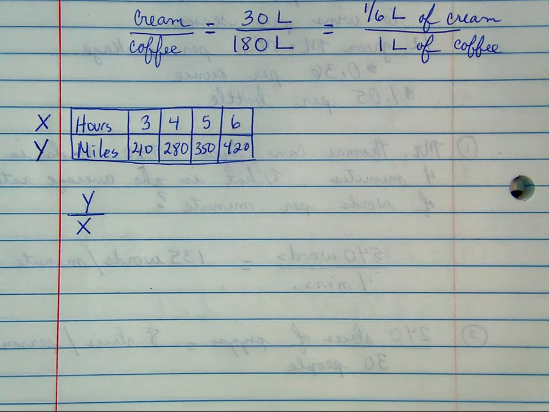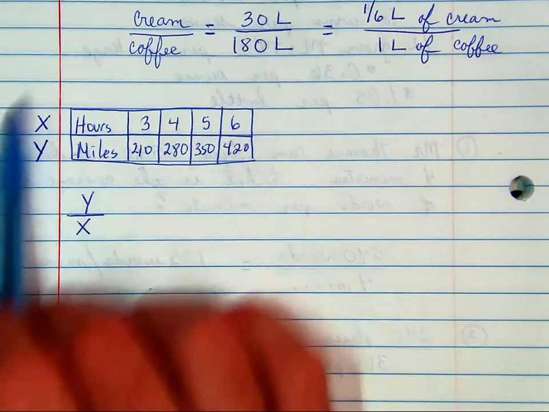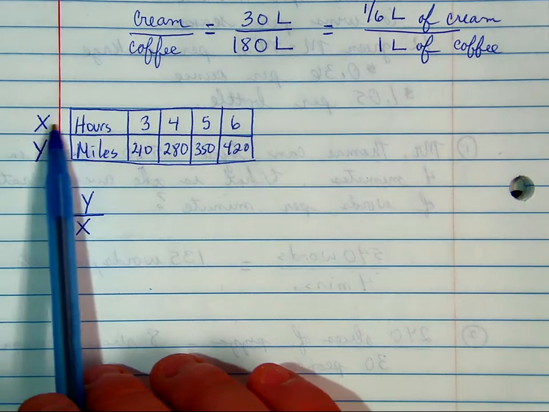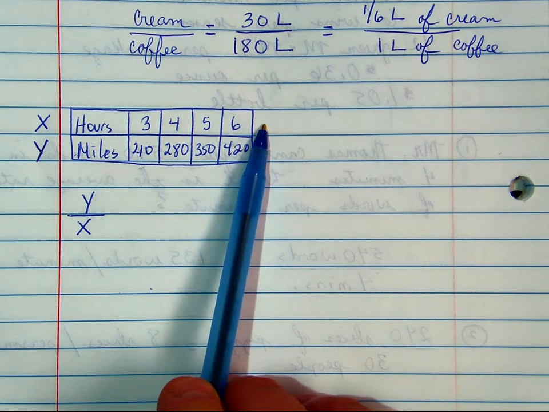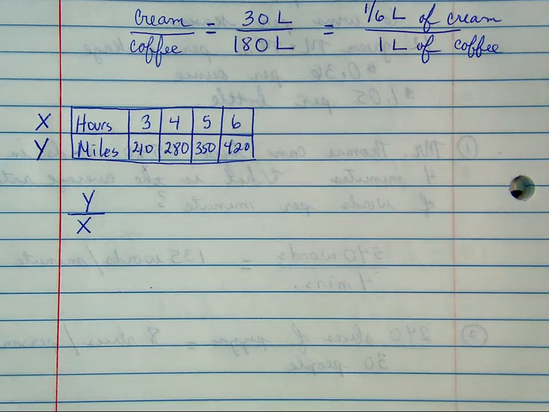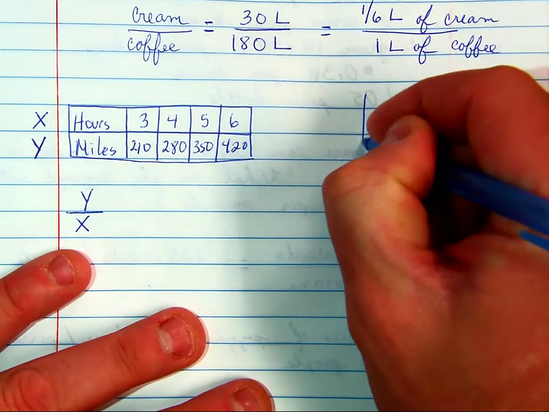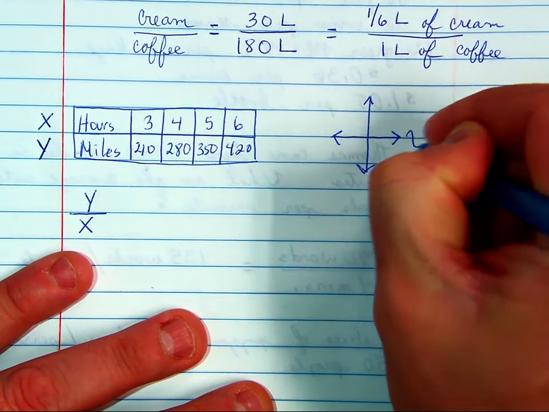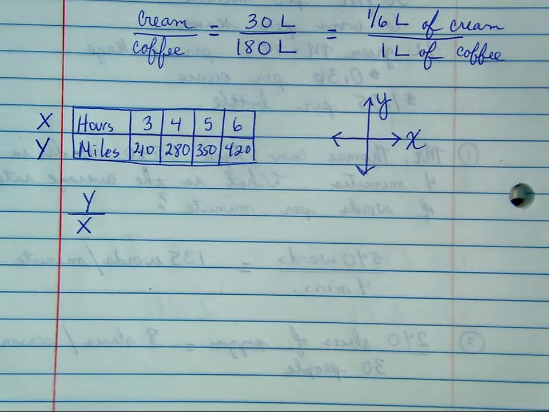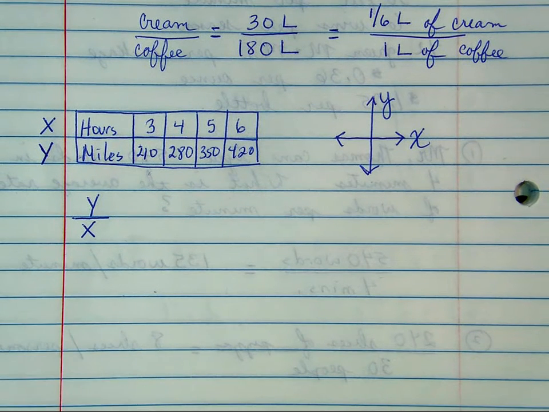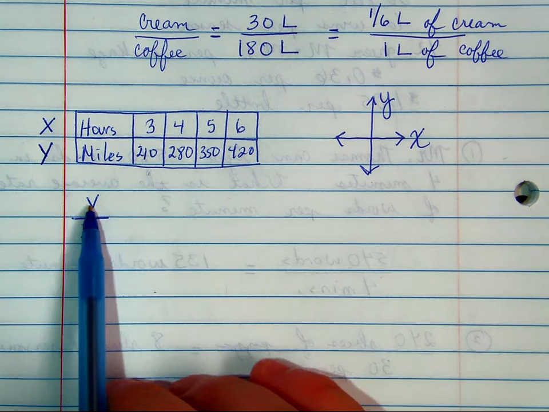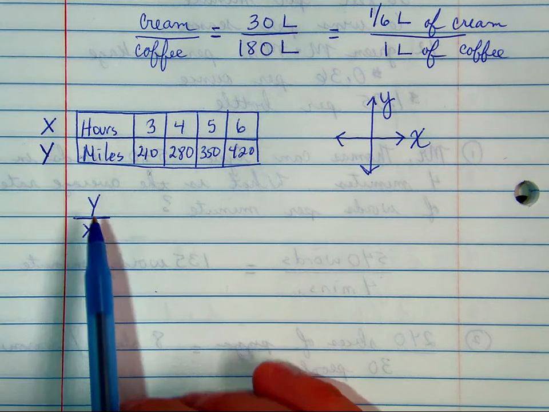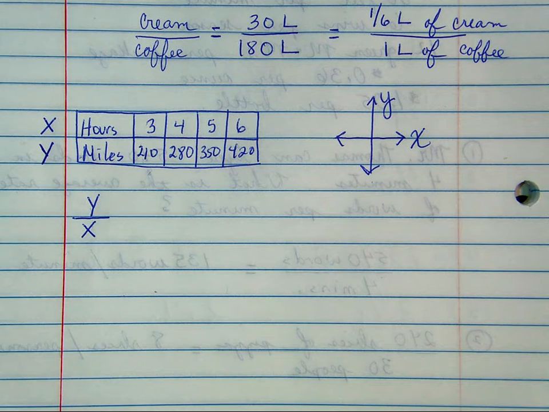So in every single table, the first row is the x-axis, the second row is the y-axis, and when we talk about x and y-axis, I am actually talking about a coordinate plane, x-axis, y-axis, and the y variable depends on the x variable. That's why it is written y divided by x. Always. There is no exception.